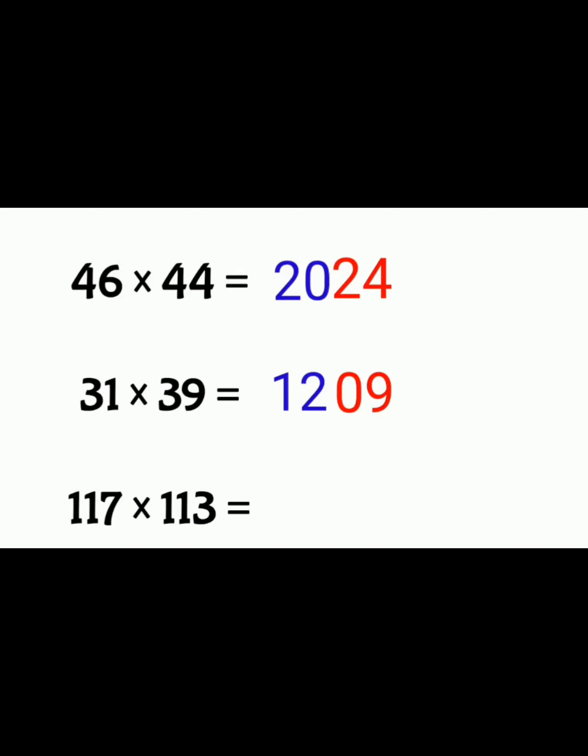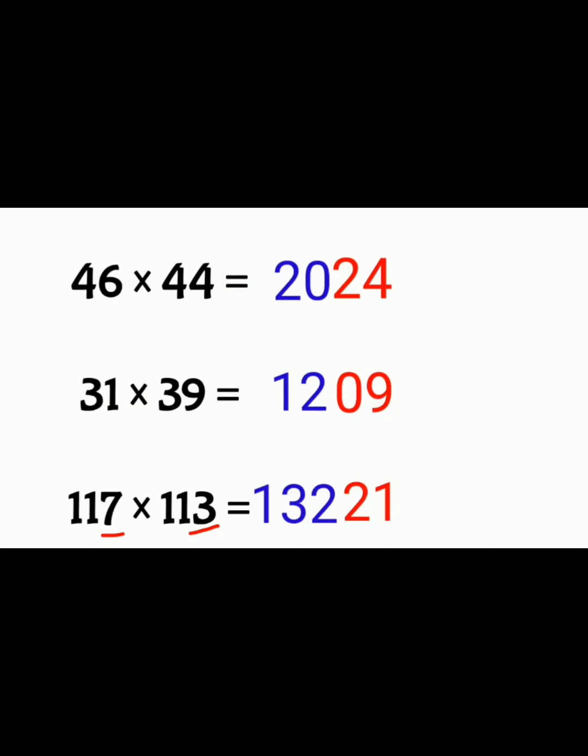Now here we have 11. So what number will come next after 11 in counting? That is obviously 12. So 11 times 12 is 132. And for the last 2 digits, find the product of the unit digits 7 and 3.